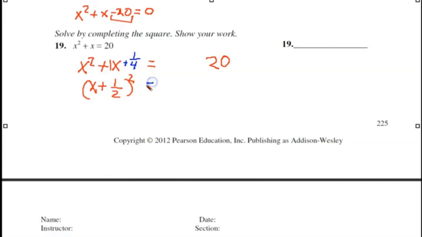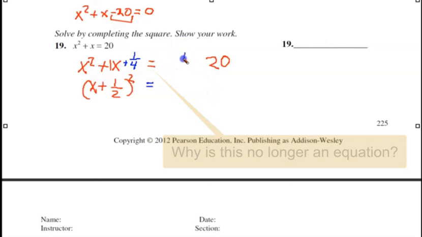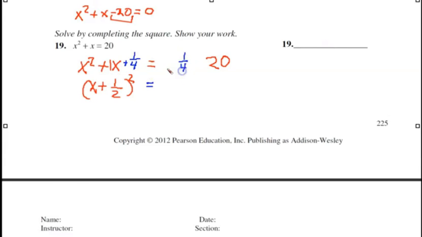But, interestingly, we don't have an equation anymore. Why not? Now, if I had a class, I'd say this is for a bonus point. And the answer is because on this side, you didn't add what you're adding to that side. Now it's an equation. Okay, now I want to add these two together.